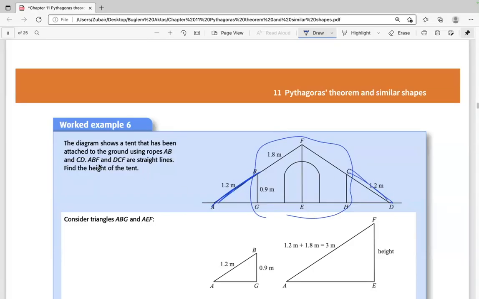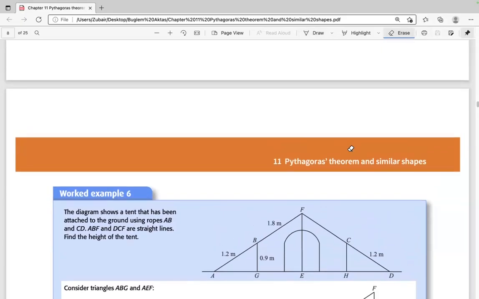ABF and DCF on the other side are straight lines. Find the height of the tent. Now let me just hide this. I need to know the height of the tent, which is FE.